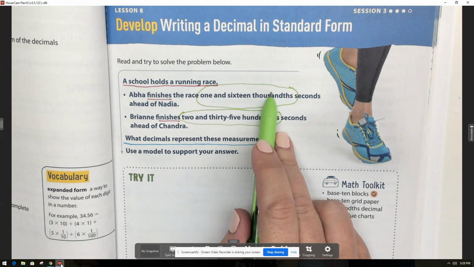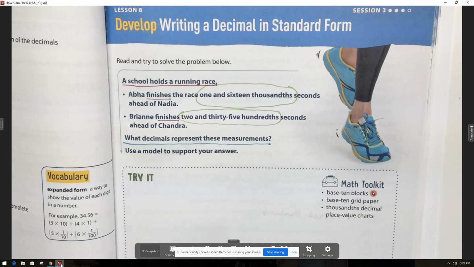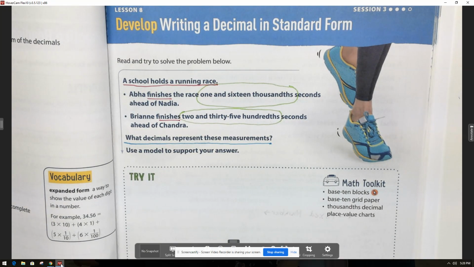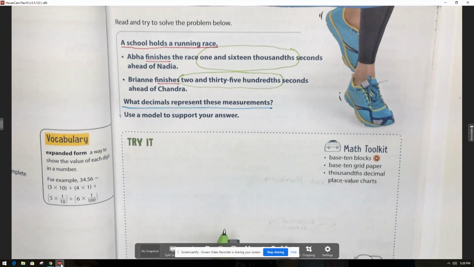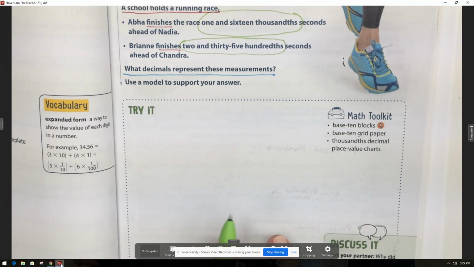So these are our 2 word form values or numbers or decimals, however we want to say it, that we are going to be writing in standard form. Remember that standard form is taking it from word form and just writing it as the numerals all together.